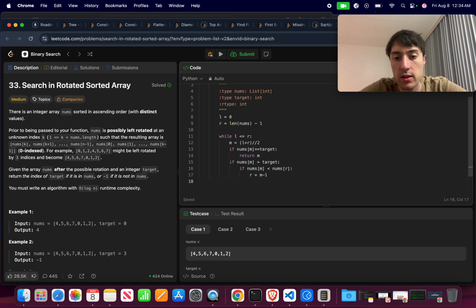In this scenario, if this is true, it means that the pivot is not in the last interval.